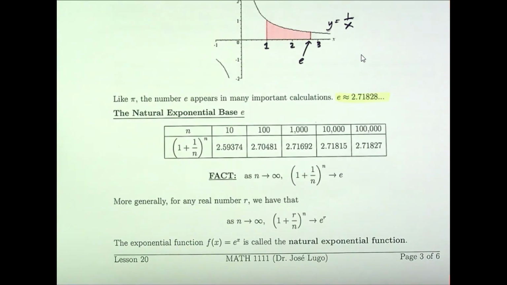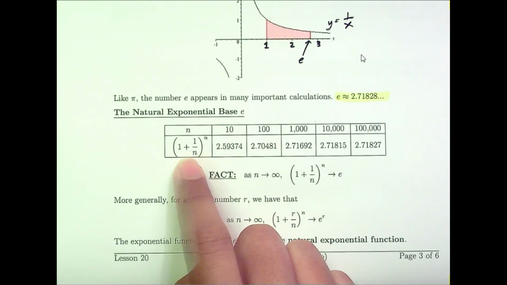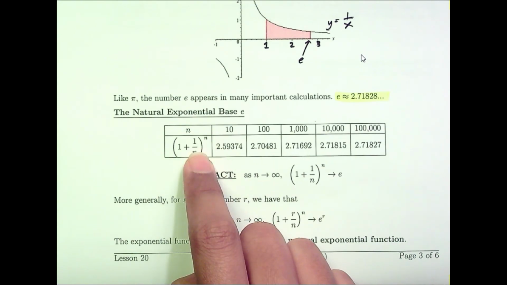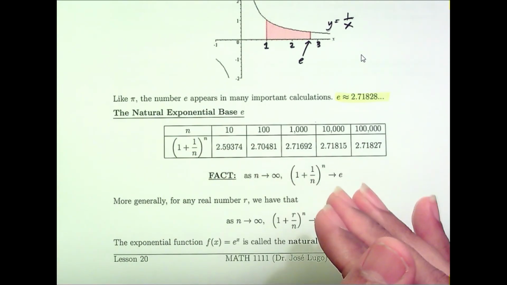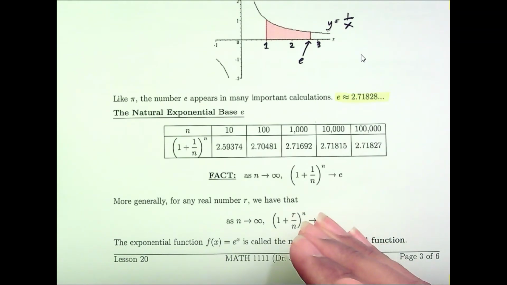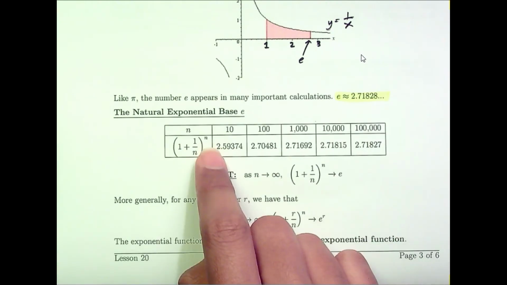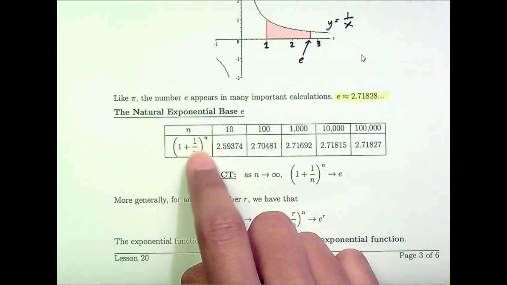You cannot go past a certain number. As you plug in values for n that are bigger and bigger, this does get bigger, but there's an actual limit, an upper bound. And that cap or limit is actually e. That's another way to define e. It is the limit of this expression as n becomes bigger and bigger.